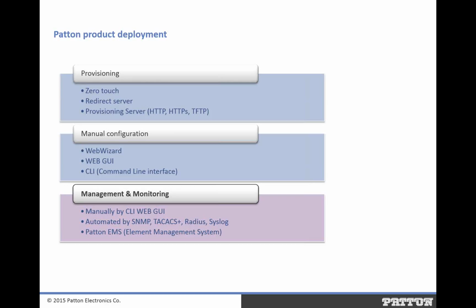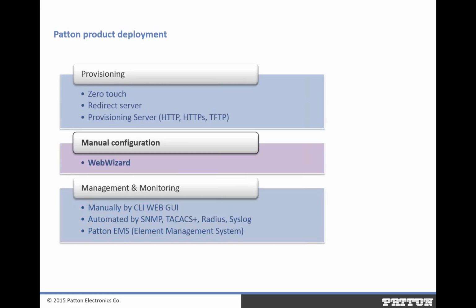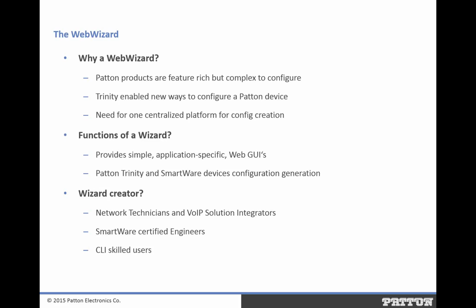And the good thing about this product is it can be used as well for third-party devices, not just for Patton products. But now let's switch back to the WebWizard, which is something we are going to talk about today.